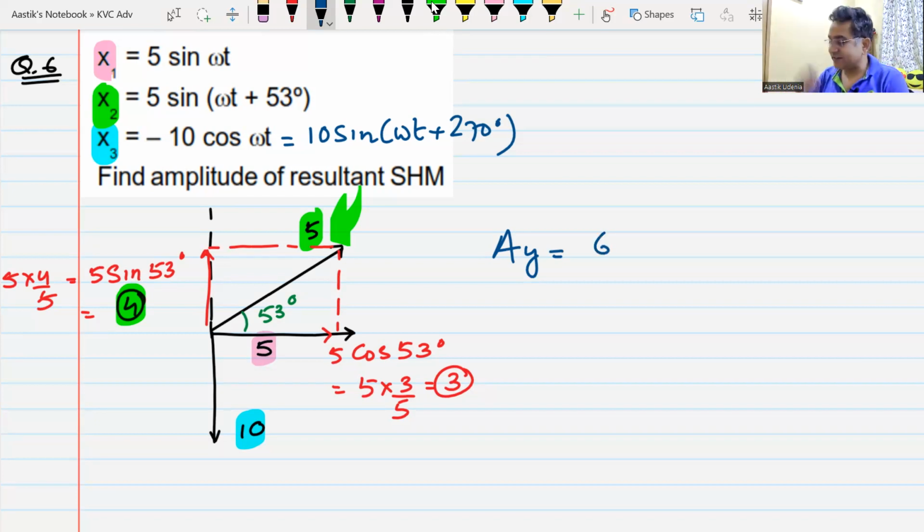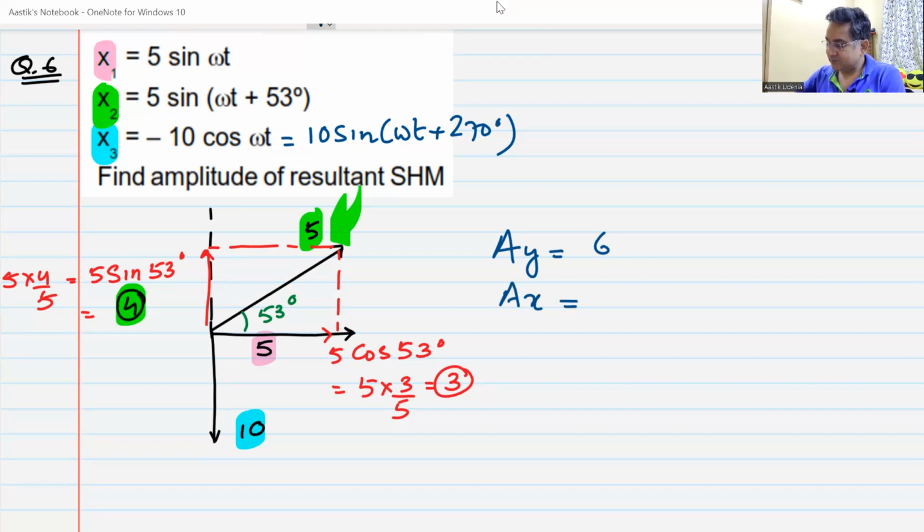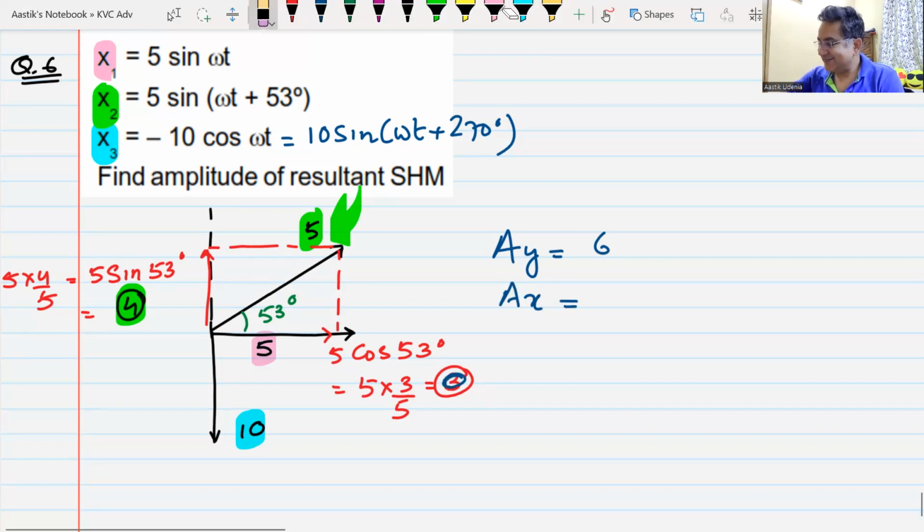Let me just write it as 6. The x component of the resultant amplitude? 5 plus 3, 8, sir. Now you have become smart.